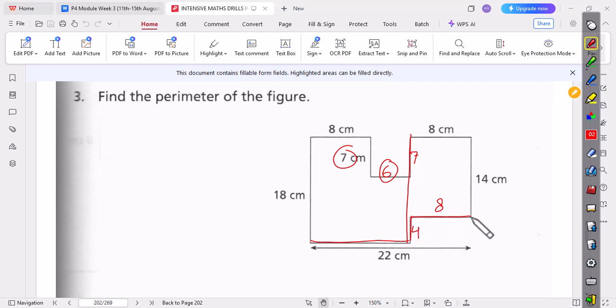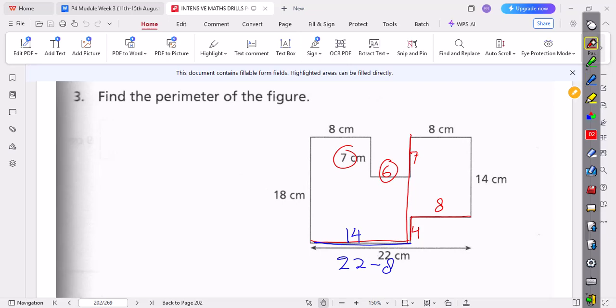Okay, so this part must be 22 minus 8, or we have it 14. After we find all the lengths, we just find the total.